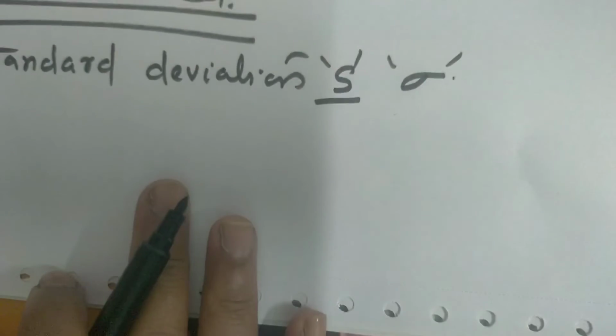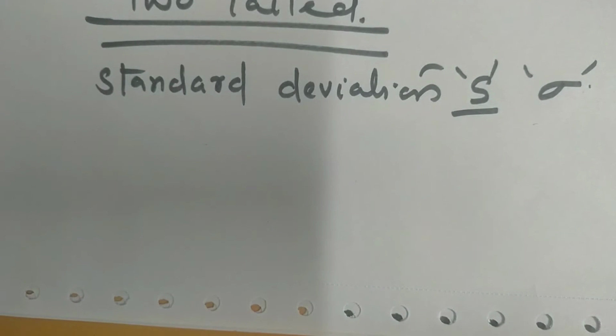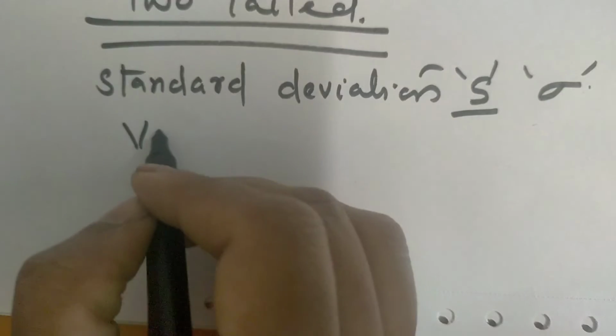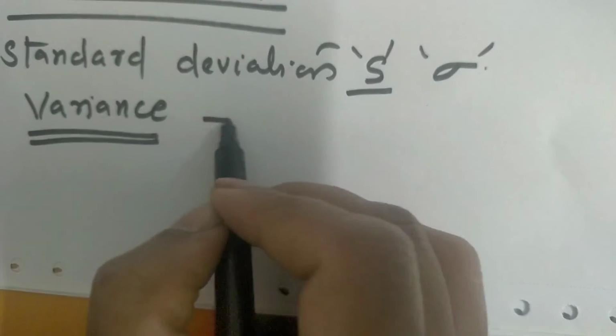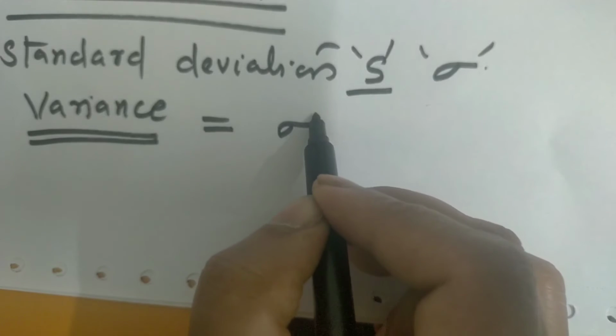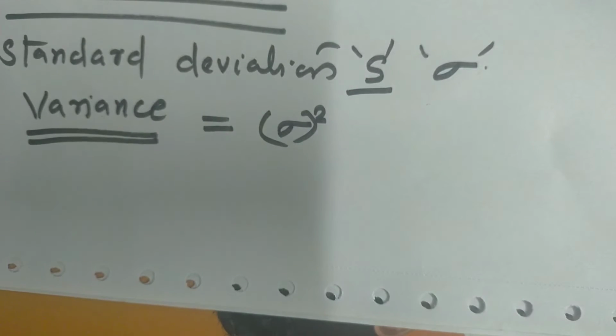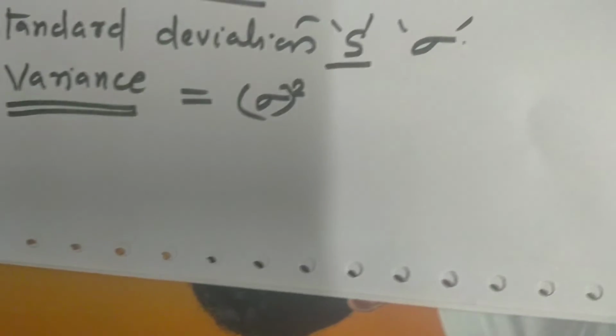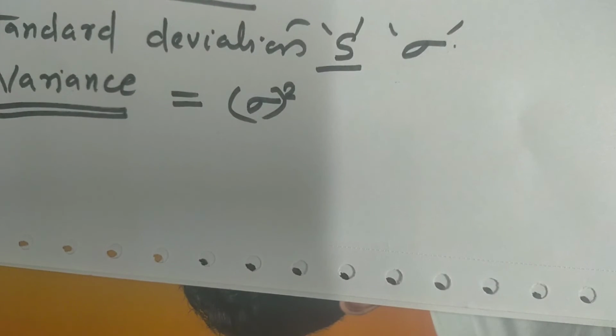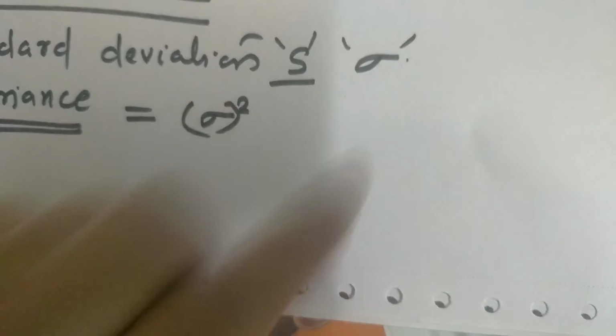Sometimes they don't give the standard deviation, they give the variance. Variance is the square of the standard deviation. If standard deviation is given, then directly you can use sigma.